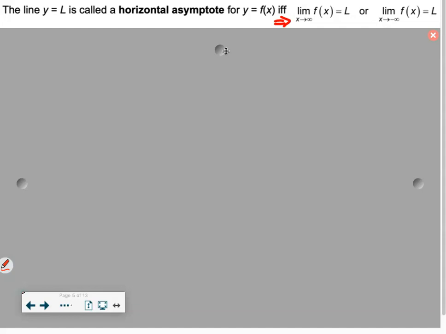In this case, it's an if, which means it's biconditional, which means if the limit as x approaches infinity or negative infinity is L, then y equals L is a horizontal asymptote, right? It works in both directions, so we signify it with a cute little double arrow with an equal sign in the middle. So if you ever see this symbol, it means the same thing as if, and both of them imply that it is a biconditional statement. It works in both directions.